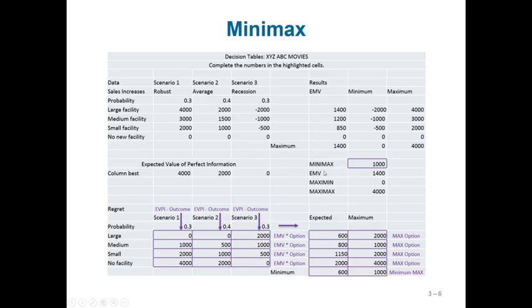So EMV, the Maximax, and the minimum EMV all happen to go for the large facility. Medium facility happens to be best in terms of the Minimax, and then no new facility is the best one if you're trying to maximin. And small doesn't come up at all.